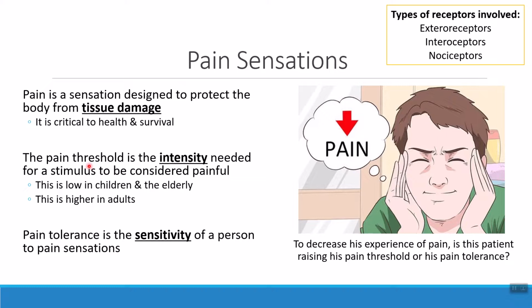What registers in their body as pain is not something they can change. But what they can change using mindfulness or training techniques is their pain tolerance. Your tolerance is what you're willing to take, what you're willing to tolerate. So we all have the same pain thresholds, but we may have different pain tolerances. All of these pain sensations, remember, are detected by those special receptors called nociceptors.